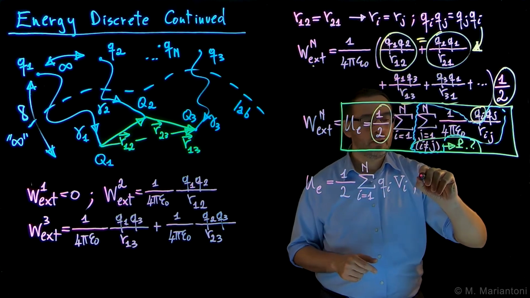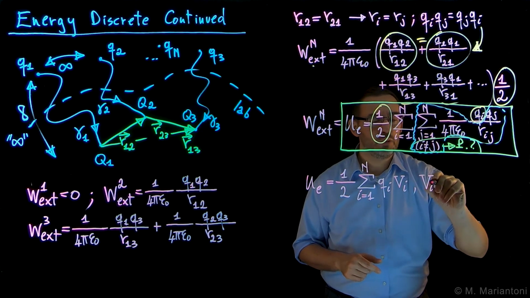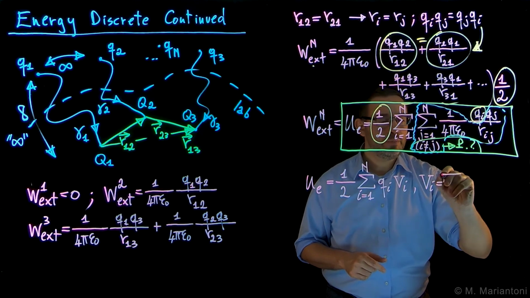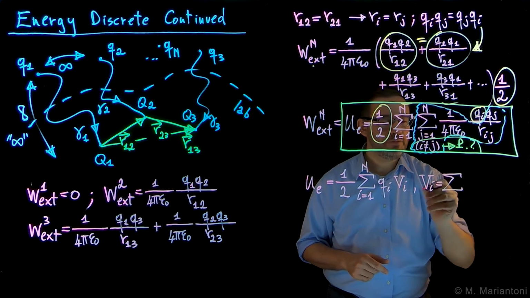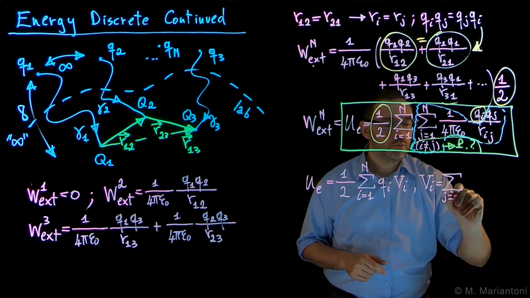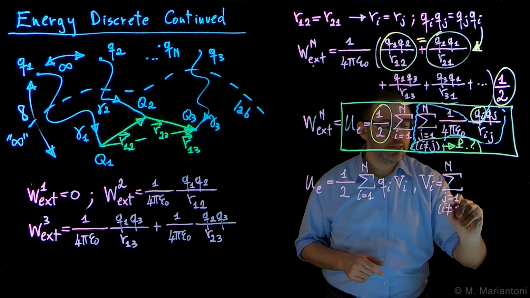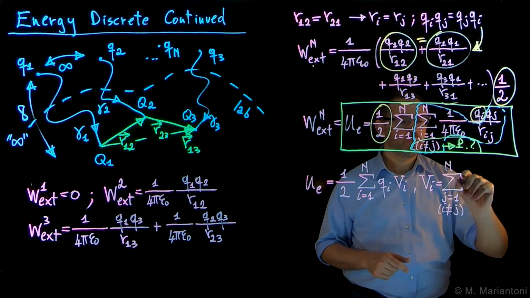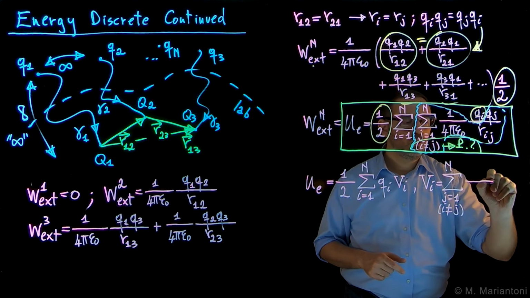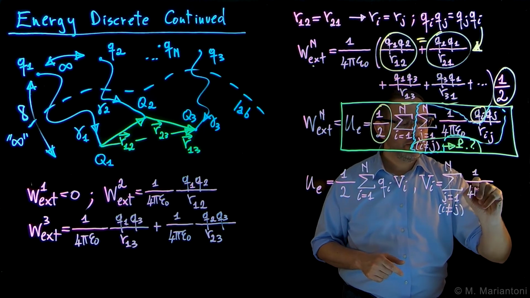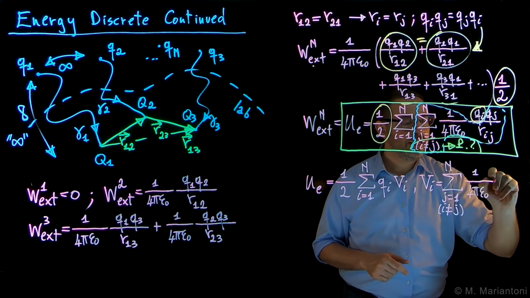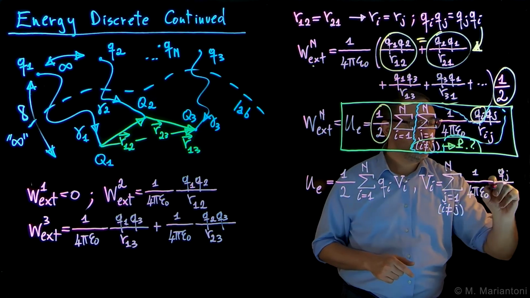And what is Vi? Let's spell it out one more time here. Is the sum, the only index left is i, so it has to be on j from 1 to capital N, and again, i has to be different than j. Think about that. Of what quantity? 1 over 4 pi epsilon naught times qj, qi is already there, divided by rij.